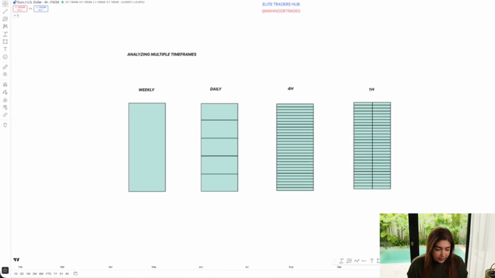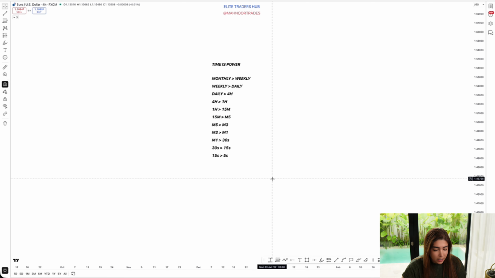So the lower the time frame you drop down, on M15 time frame, there would be, I think, 96 candles. What was happening here is the more detailed price action you're seeing, that's actually forming one single candle on a higher time frame, right? That is why time matters, why higher time frame also carries more weight. Now, it's a given thing that time is power.